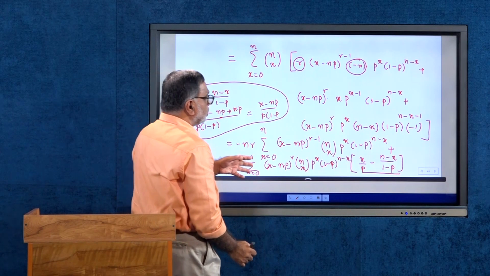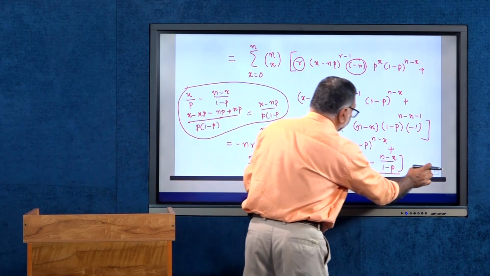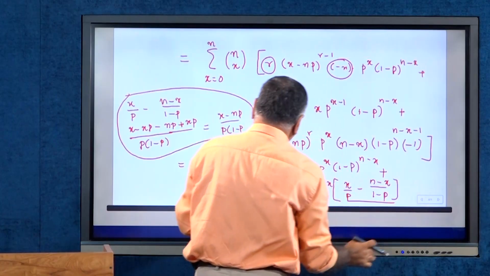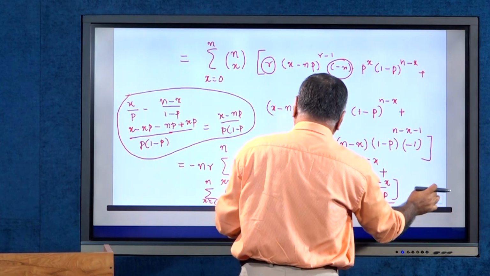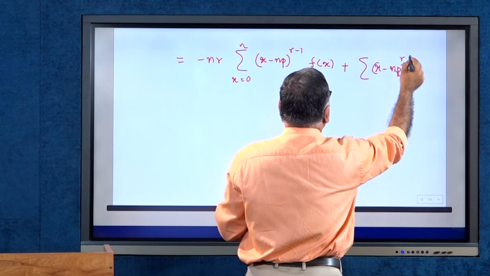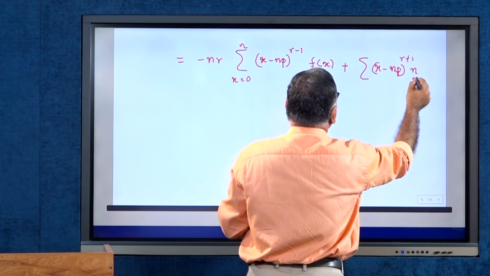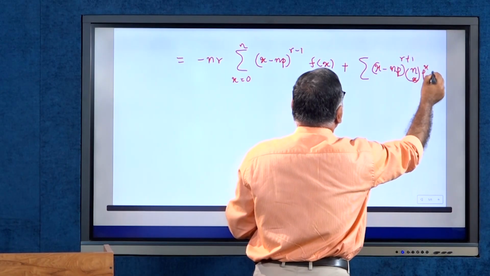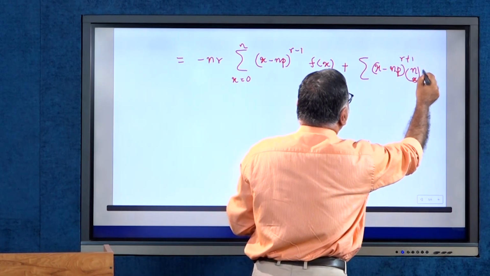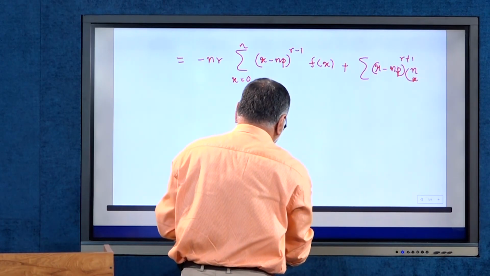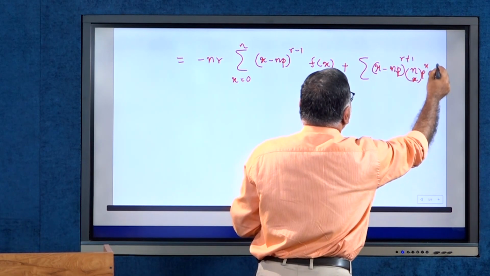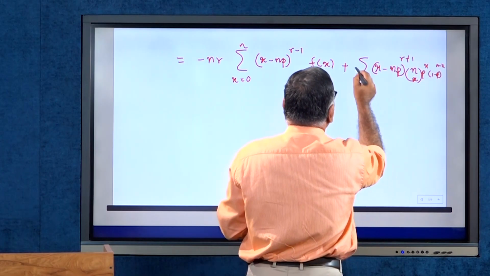So, that is substituted, we have sigma, see, the first, this is (x minus np) power r plus 1, nCx p power x (1 minus p) power n minus x divided by p into (1 minus p).